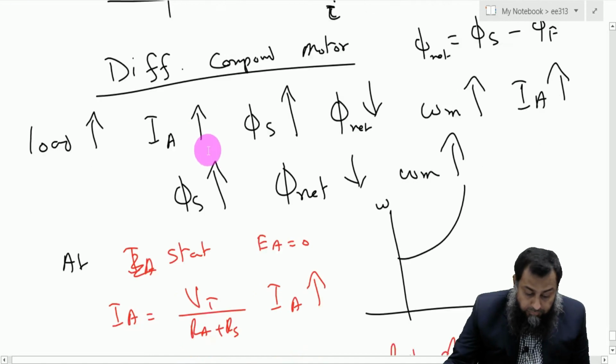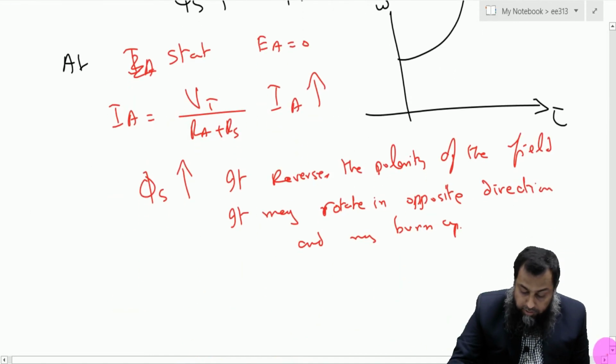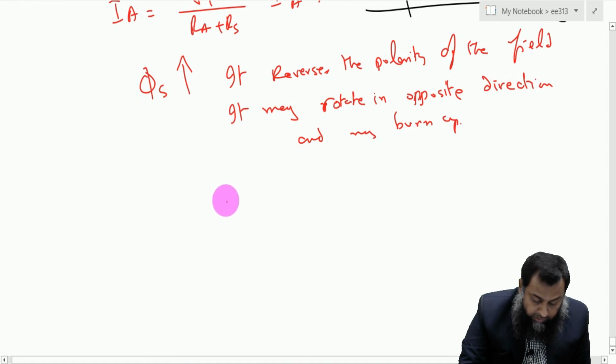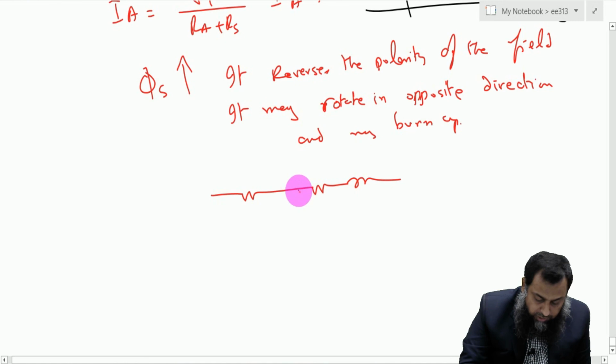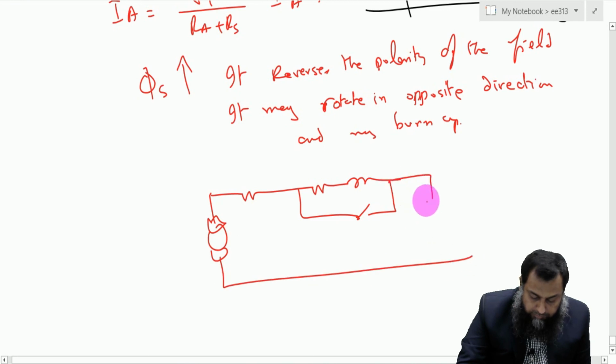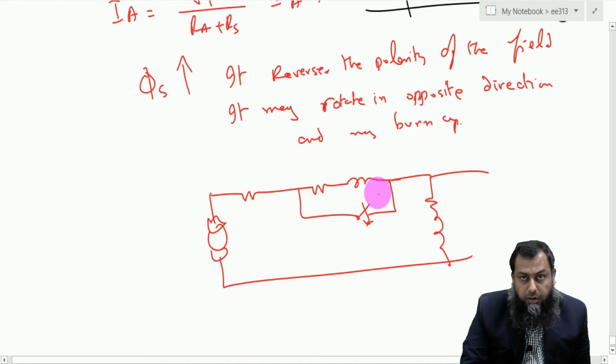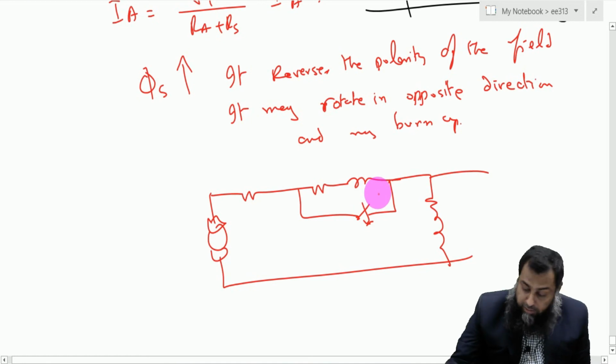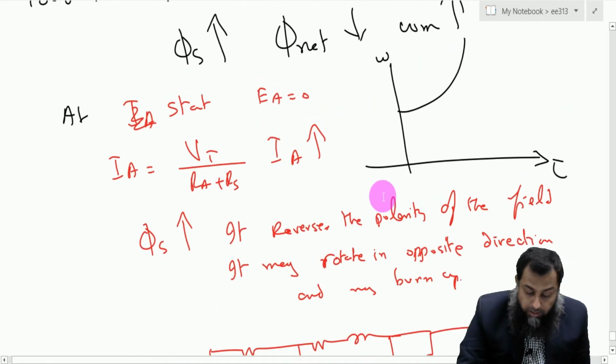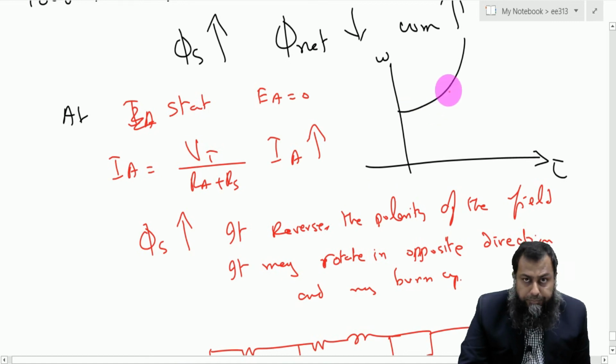So if we want a differentially connected compound DC motor, the arrangement should be such that we have a switch which is shorted at the start, and later on we can turn it on to have a cumulative impact on the motor. But again, as I have said, the terminal characteristics of this motor are unstable, and therefore this motor is not used anywhere for any practical application.